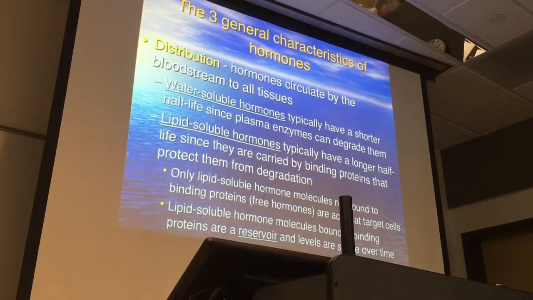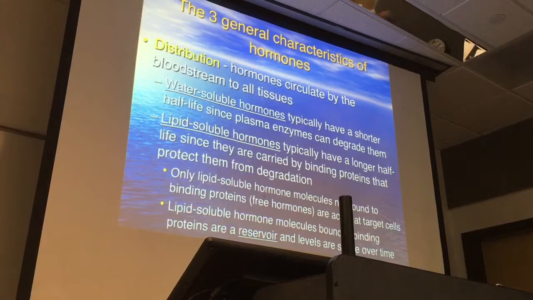Because they're lipid-soluble, they're not acted on by those water-soluble enzymes that would degrade a water-soluble hormone. They're carried by binding proteins, and as a result, not being subject to these plasma enzymes, they persist in the bloodstream, typically long. And those binding proteins do protect them from degradation.